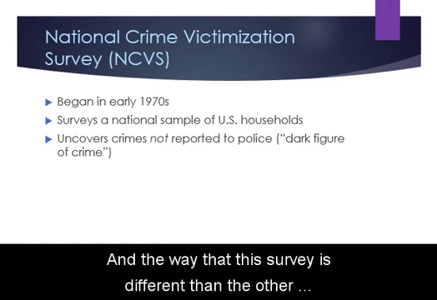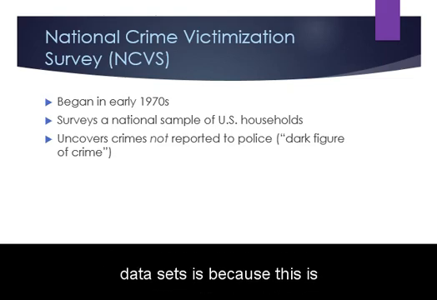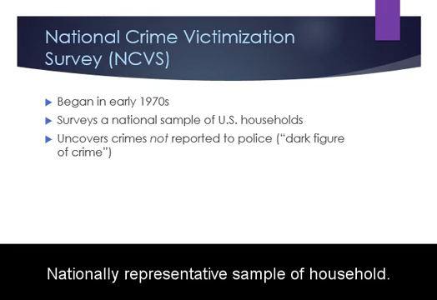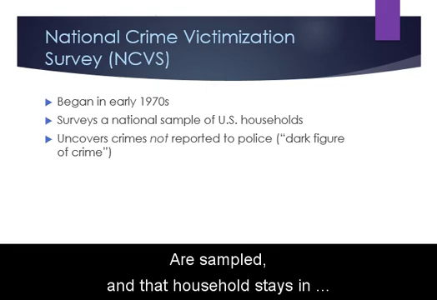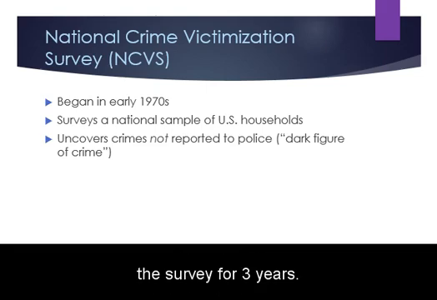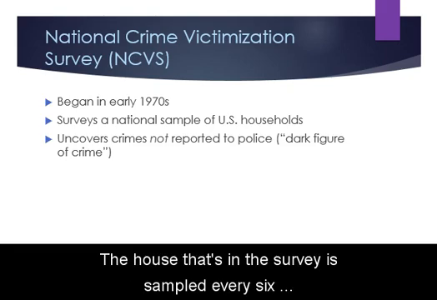The way that this survey is different from the other data sets is that it is a nationally representative sample of households. About 135,000 households are sampled, and each household stays in the survey for 3 years. Within those 3 years, the household is sampled every 6 months.